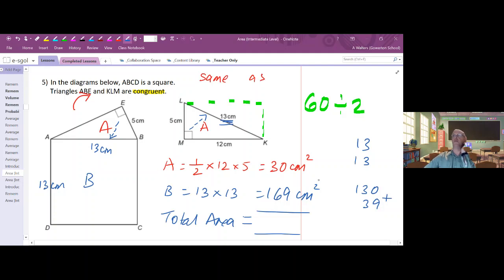So I'm going to put a big plus sign there, or if you wanted to write it across the page, that's up to you. So 199 centimeters squared is our area, the combined area, a compound area of A and B. Okay. That's a typical problem solving question I've seen in maths.